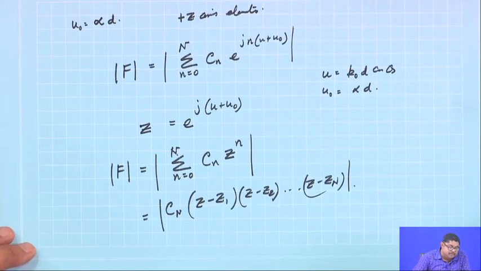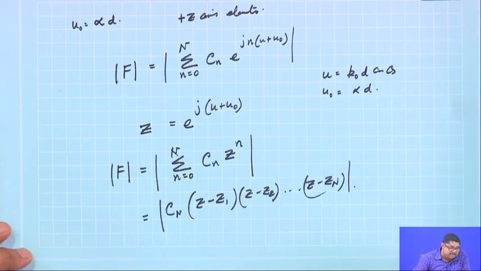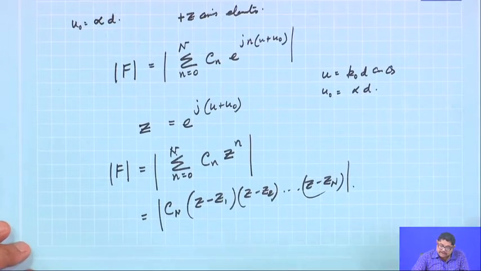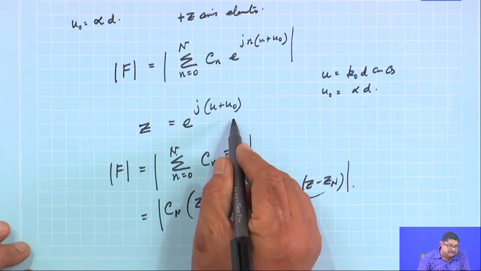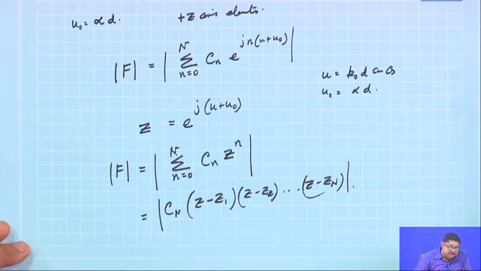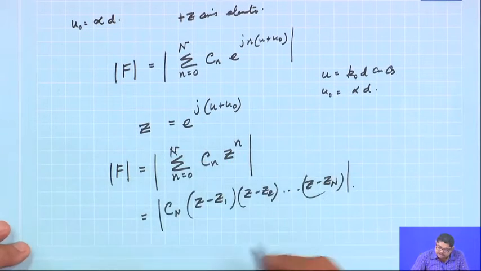Also, the total array pattern is the product of the patterns associated with each polynomial by itself. Now, since you see this transformation, magnitude of z is equal to 1.